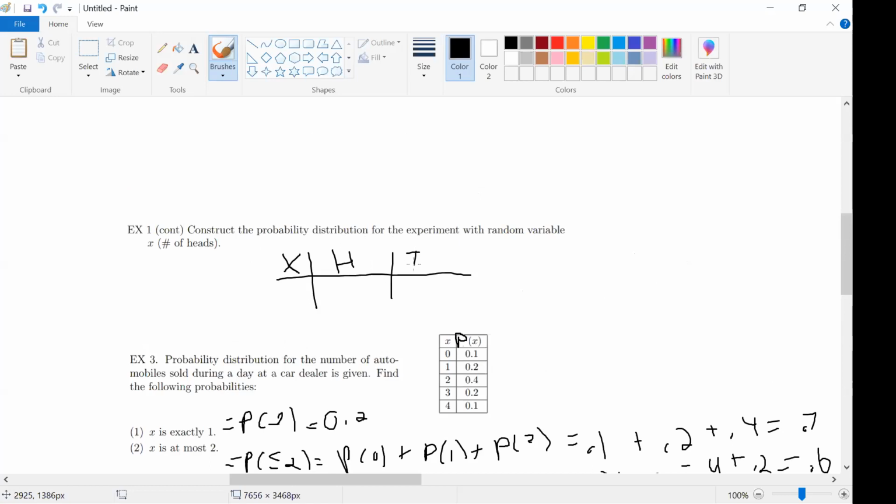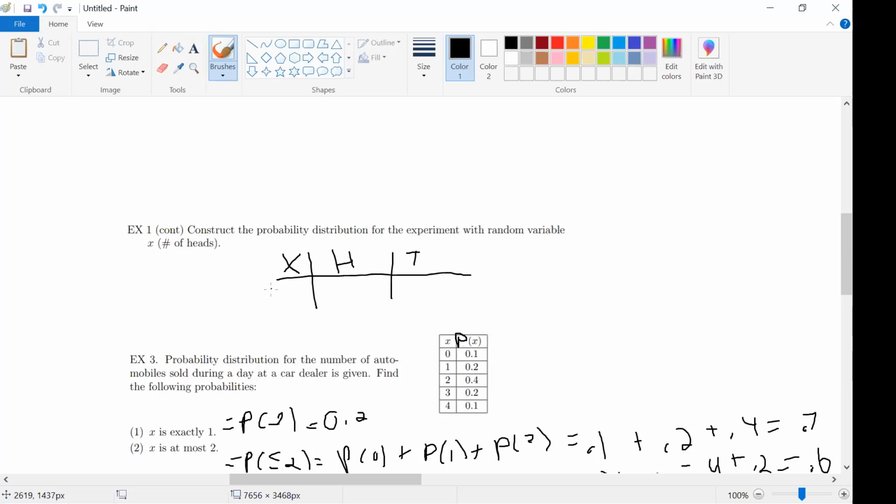And then we'll move on to some more probability laws. Anyone need more time? All right.